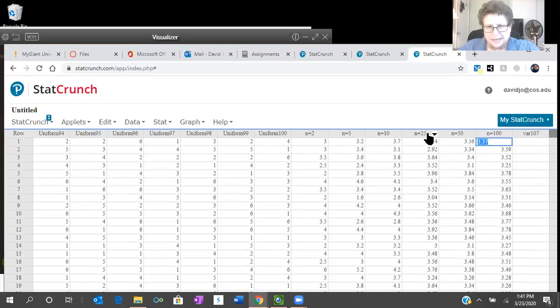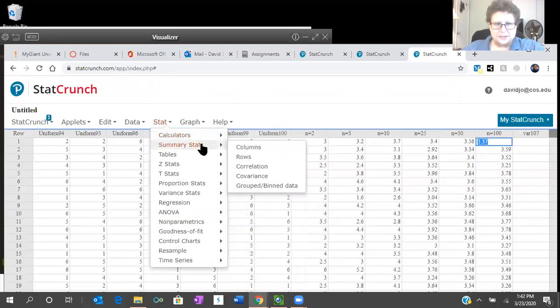When we get up into n equals 25, all of a sudden we start having 2 decimal places. And n equals 100 is this. So this is what the whole idea of the mean of the sample means is. For n equals 2, I have 1,000 sample means of size 2.